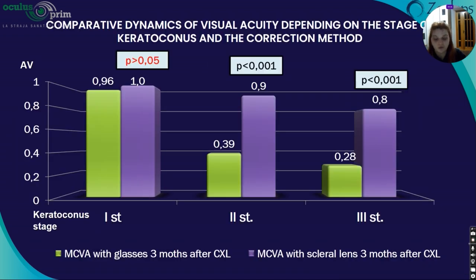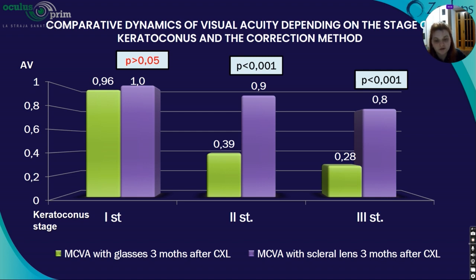The visual acuity of the patients had different dynamics depending on the stage of keratoconus. In patients with stage 1 of keratoconus, maximum corrected visual acuity with spectacles and with mini-scleral lenses had statistically similar values and constituted 0.96 and 1.0 respectively.